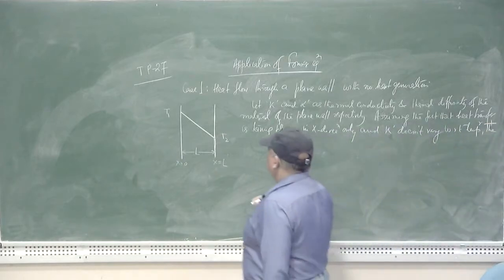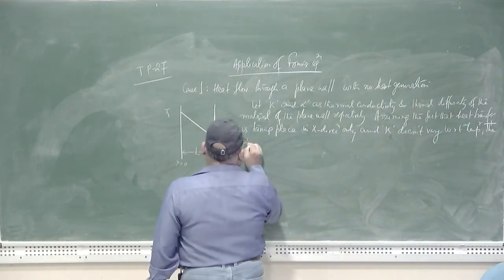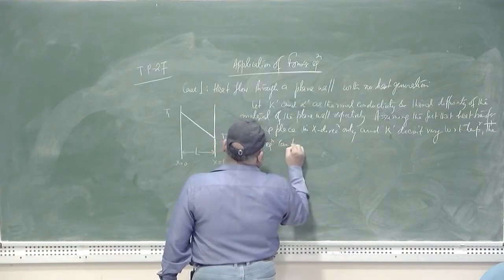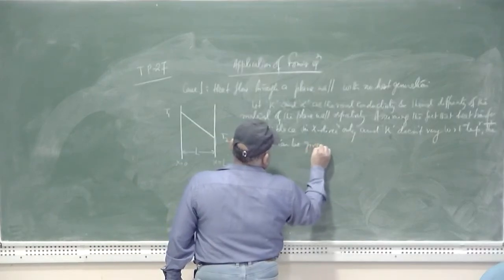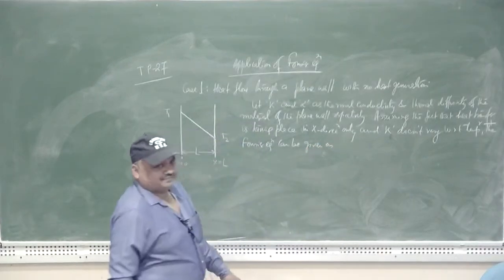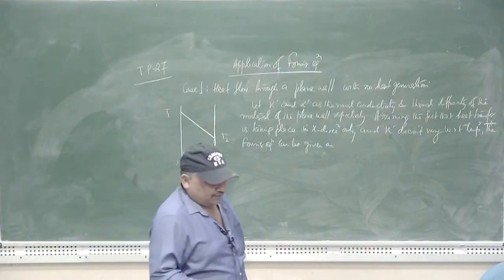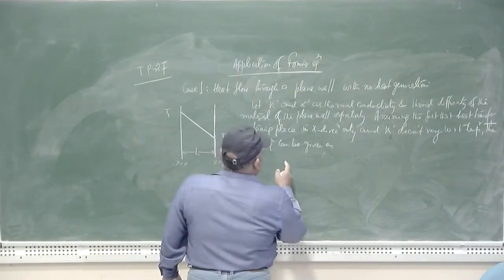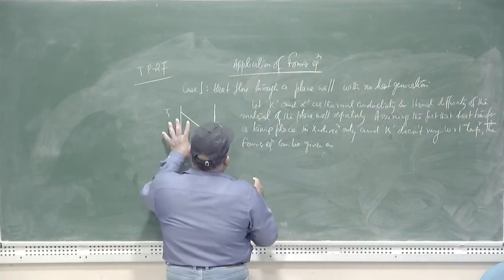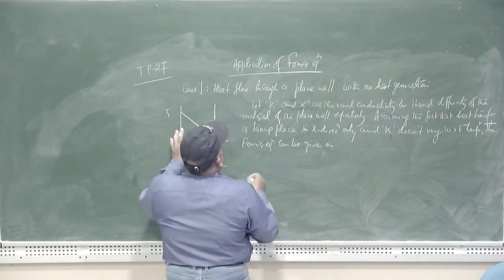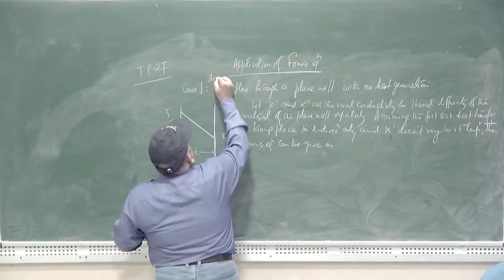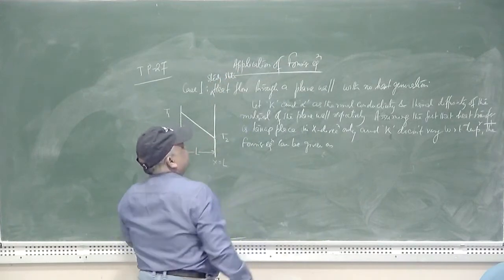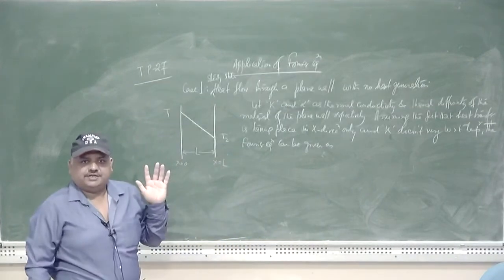The Fourier equation can be given as, if a steady state heat flow is there, so you can write here in the formulation itself, steady state heat flow through a plane wall with no heat generation.